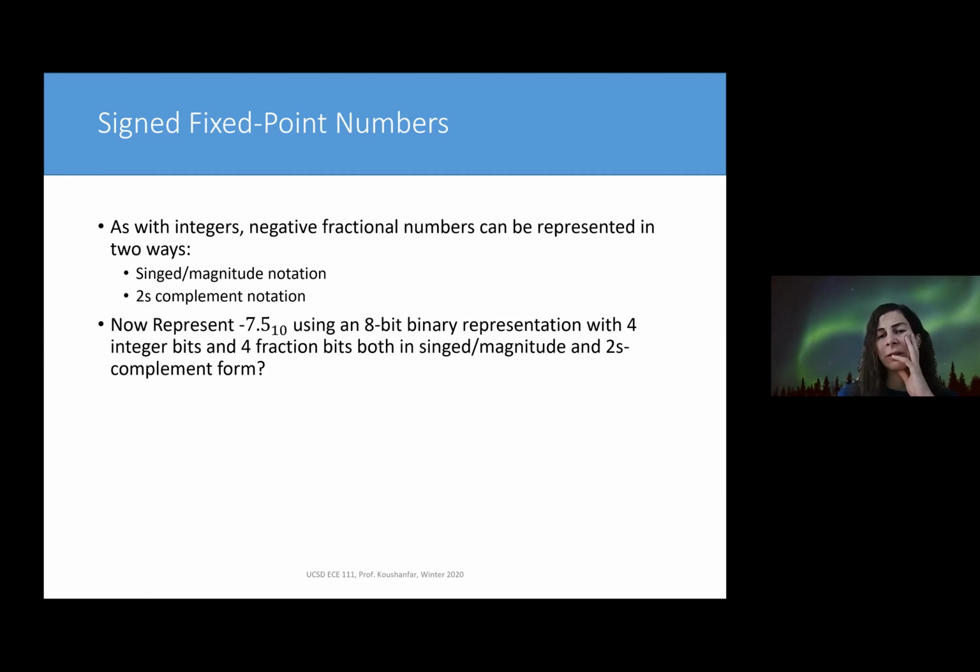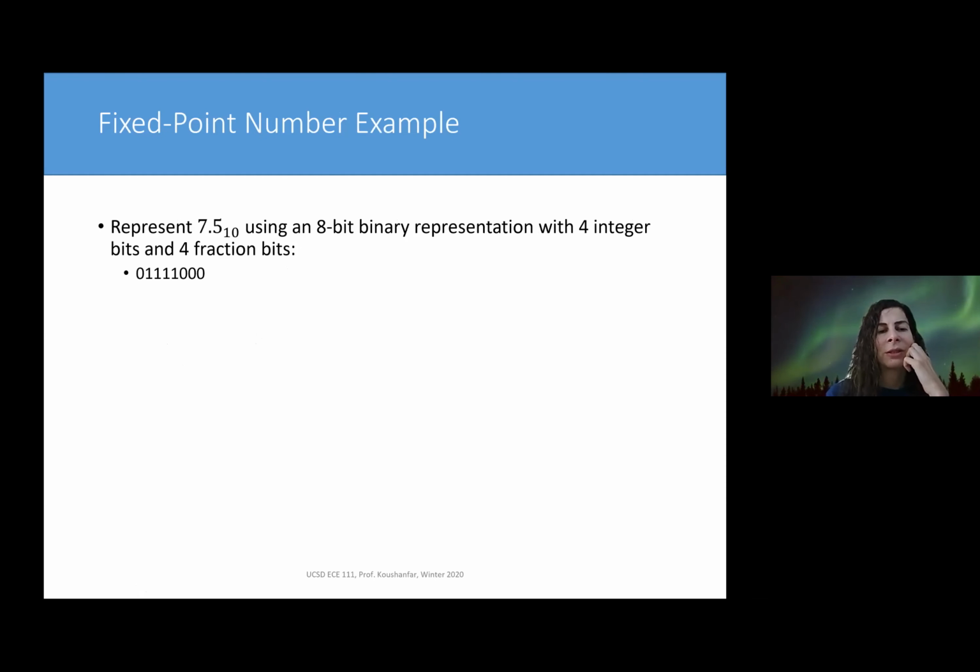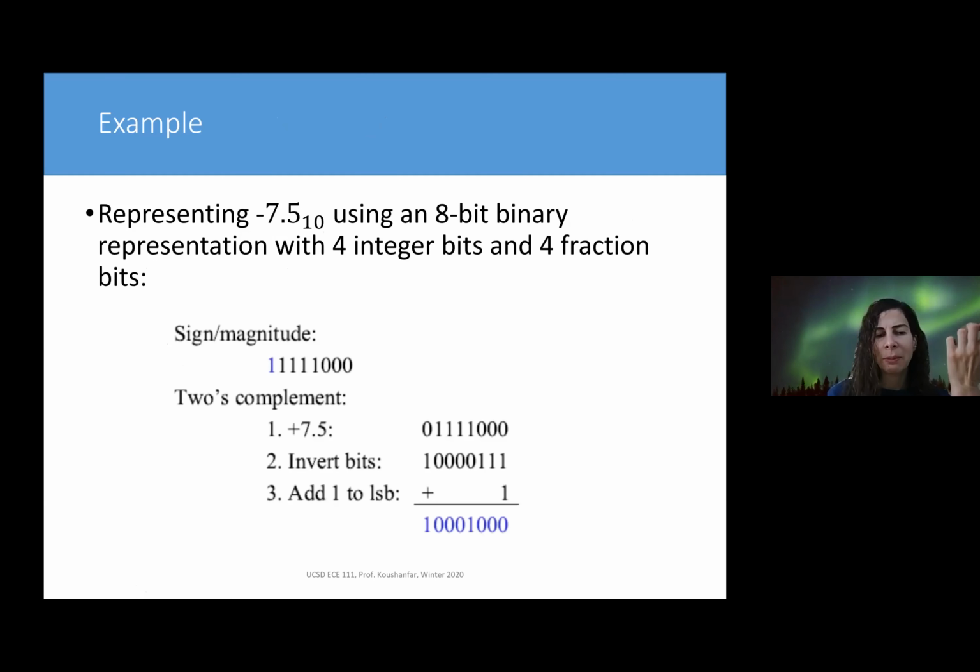Similar to integers, a negative fractional number can be represented in 2 ways. You could use the sign magnitude notation, which is less used, but you could also use the 2's complement notation. If we have this 7.5, which we represented using these 8 bits, all you do to convert this to 2's complement is do the 2's complement steps.